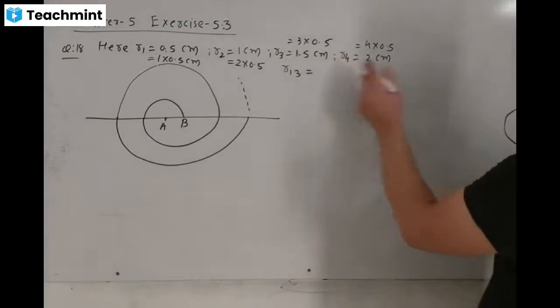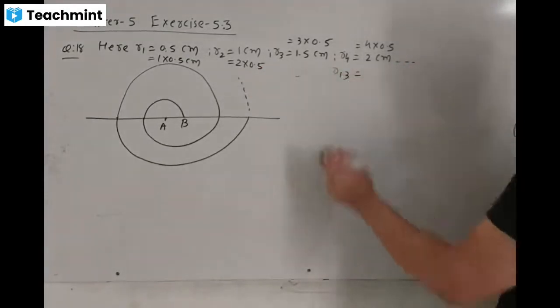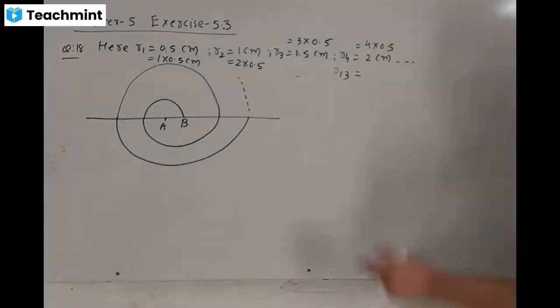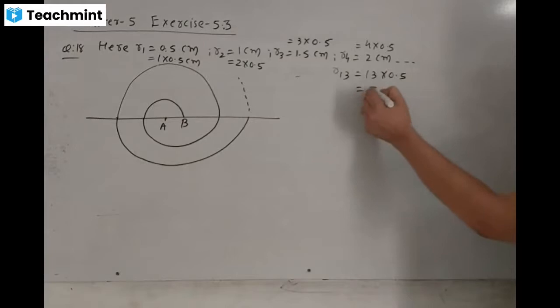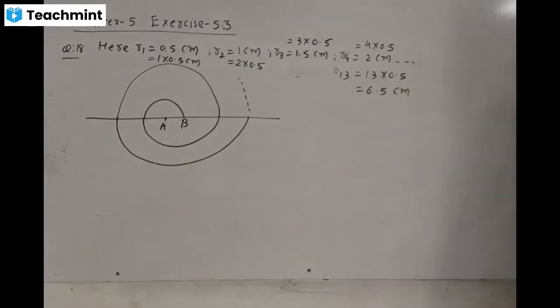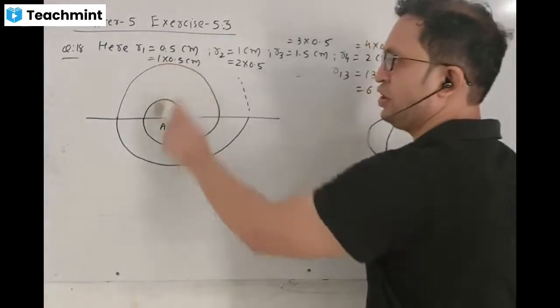Similarly, total number of semicircles, R13, 13 consecutive semicircles, that is equal to 13 multiply 0.5, and that value is 6.5. Radius R13 is equal to 6.5. Clear? First one, R1 is equal to 1 into 0.5.